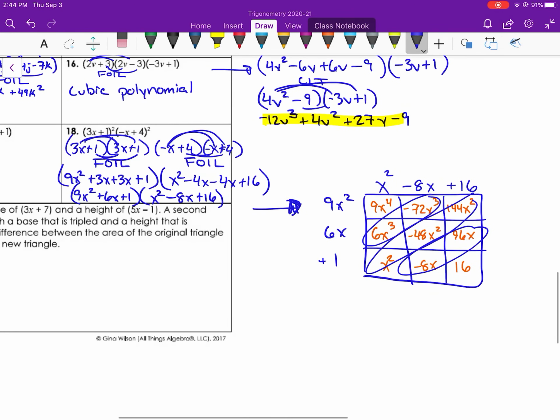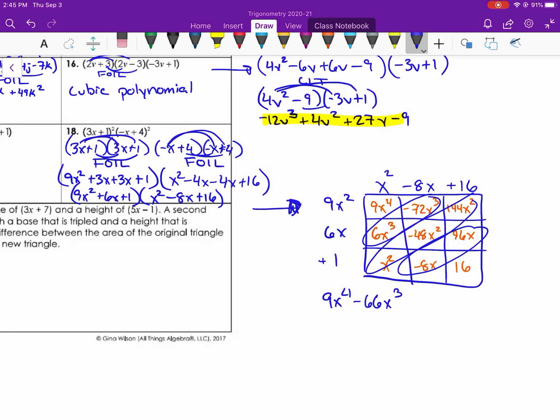Alright. Diagonals, combine them. 9x to the fourth. 72 minus 6 will be negative 66x cubed. 1 minus 48 plus 144. So when you just add numbers, ignore the variable because they're all the same power.